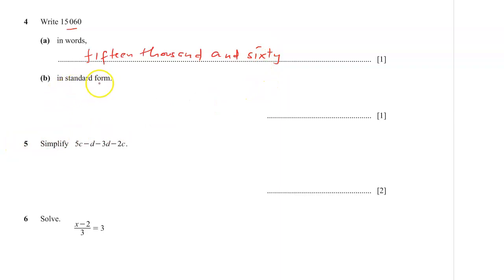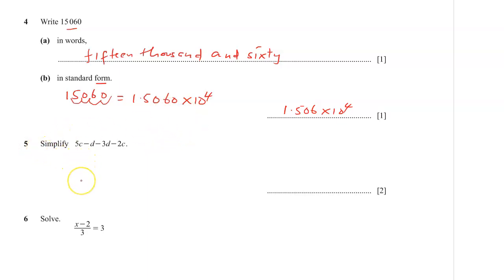We should write it also in standard form. 15,060 in standard form is 1, 2, 3, 4. So this becomes 1.5060 times 10 raised to the power of 4. You can write it as 1.506 times 10 raised to power 4. This 0 here is not significant, so you can just basically leave it out.